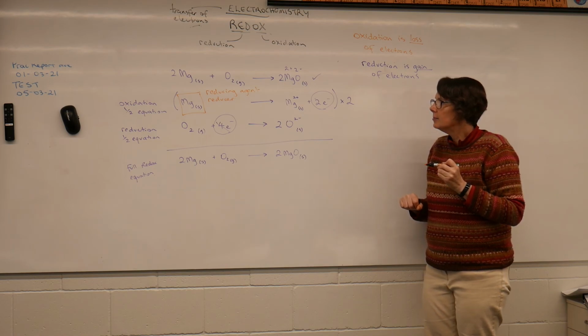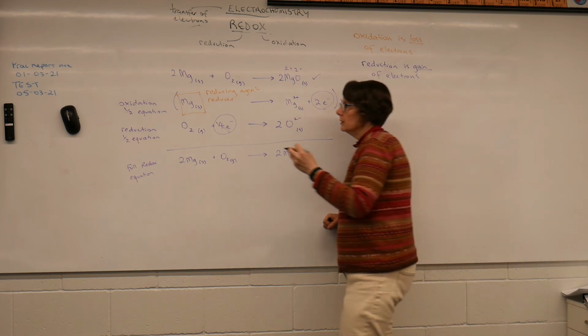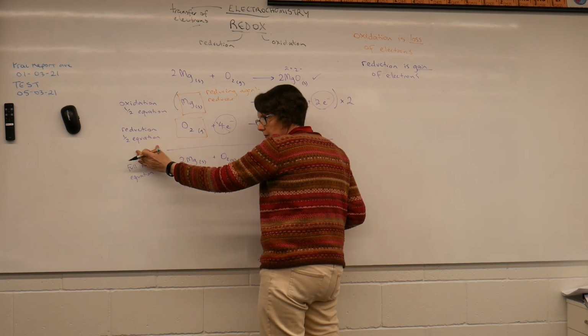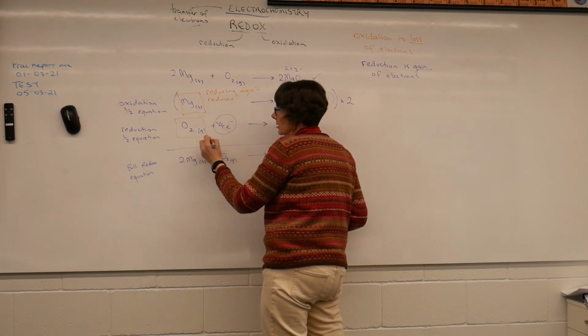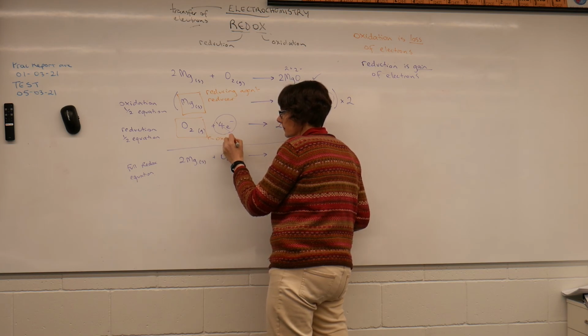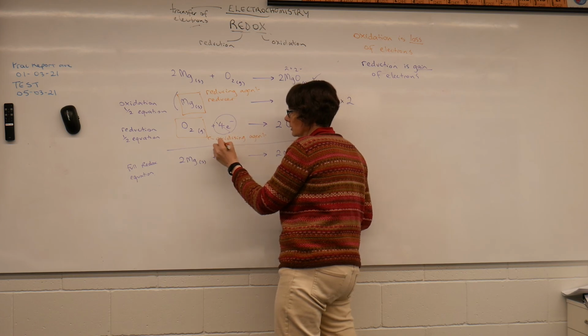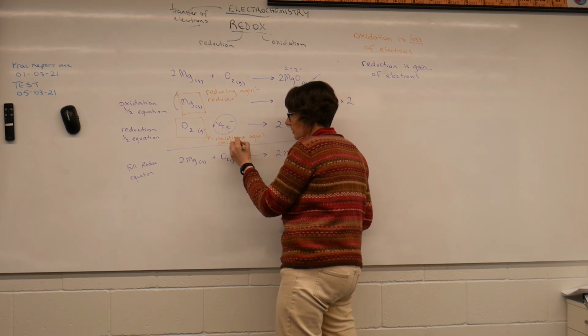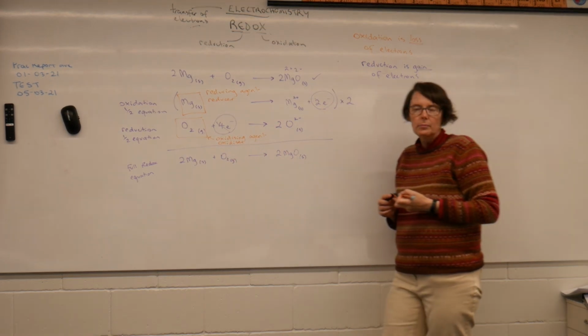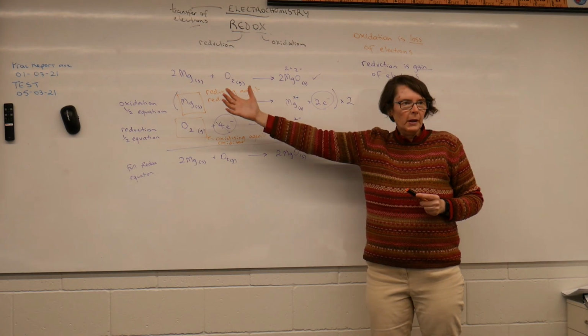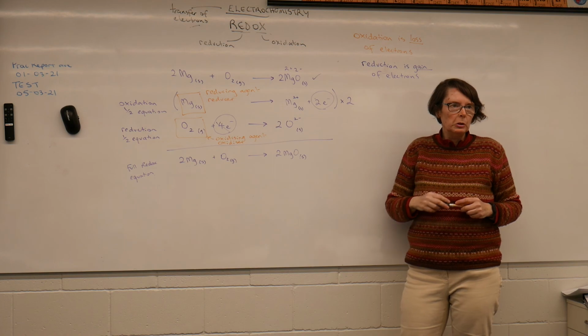And the same with the oxygen: it is itself reduced, but it is the oxidizing agent or oxidizer because it is taking the electrons from the magnesium and causing it to be reduced.